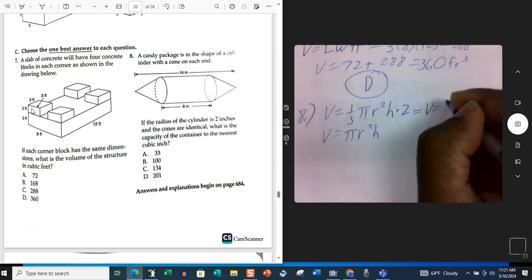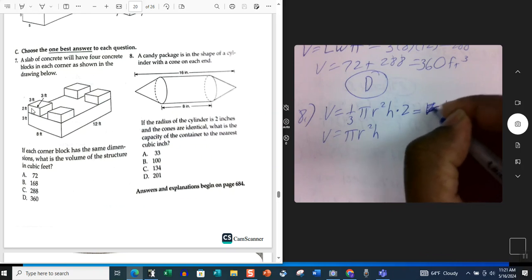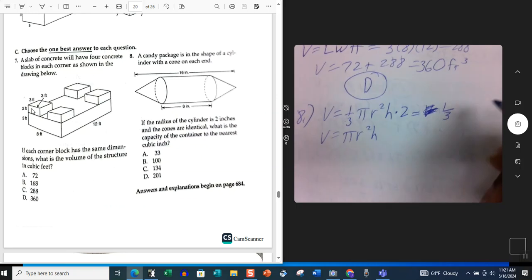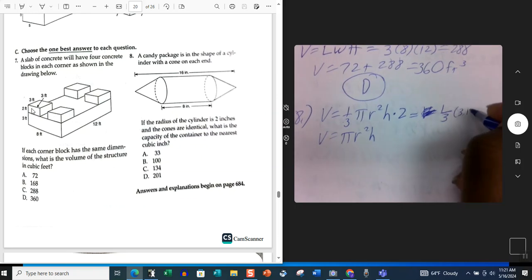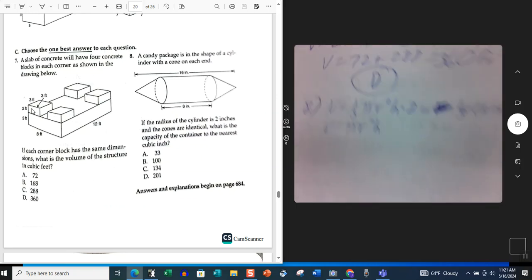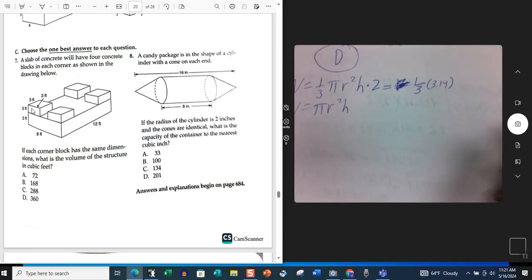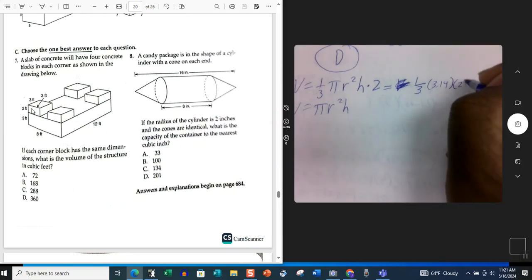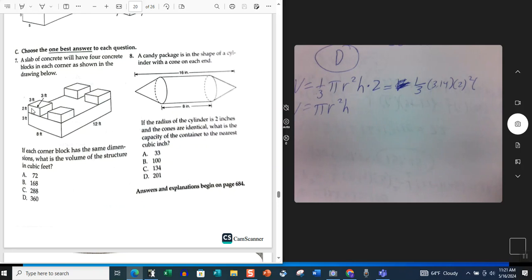So we have the volume is equal to 1/3 times pi, which is 3.14. Now the radius, they tell us that the radius is 2. So that'll be 2 squared. And then the height of the cone: the height of the cylinder is only 8 inches.